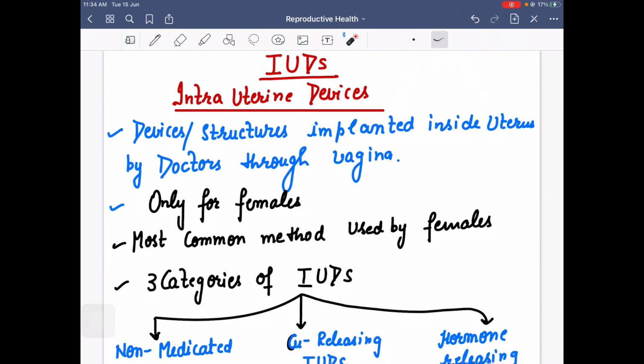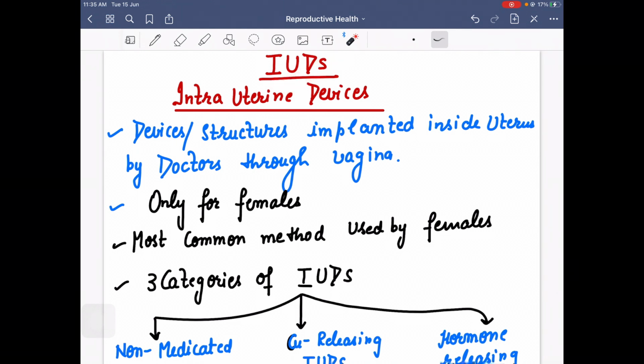You need a very experienced doctor for this, to implant it carefully inside the uterus. That is also very commonly used by the females. These are only for the females. So diaphragms and cervical caps were also barrier methods which were for the females.